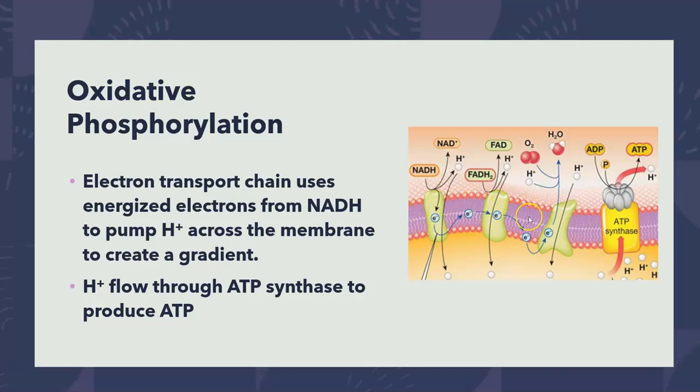We're passing them through our electron transport chain. We use that energy generated from passing the electrons to pump hydrogens across the membrane, and these hydrogens are going to flow through ATP synthase to make ATP. So by the end of cellular respiration, we get that 36 to 38 ATP, all due to this process right here.